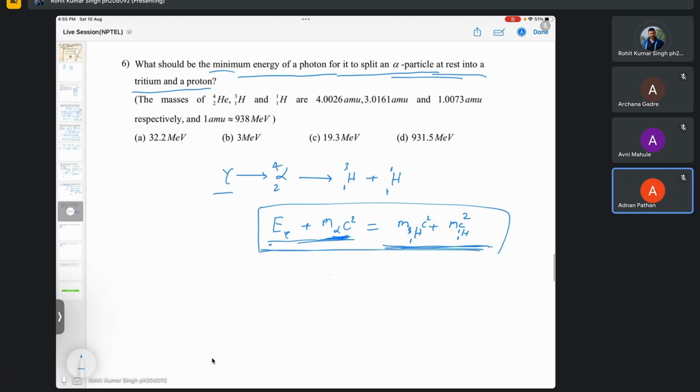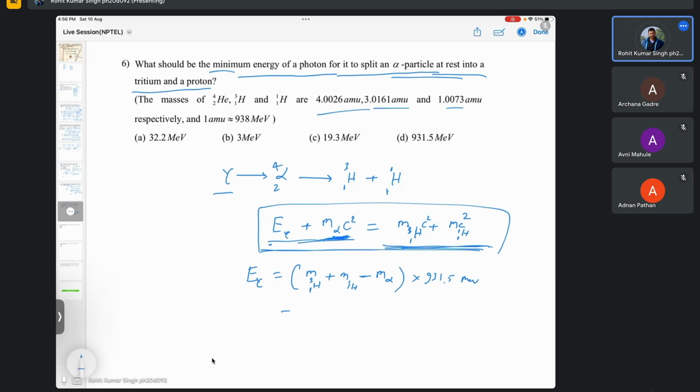So gamma will be just the mass of tritium plus hydrogen minus the mass of the alpha particle, and the masses are given in atomic mass units in the problem, so we will just multiply by 931.5 MeV.